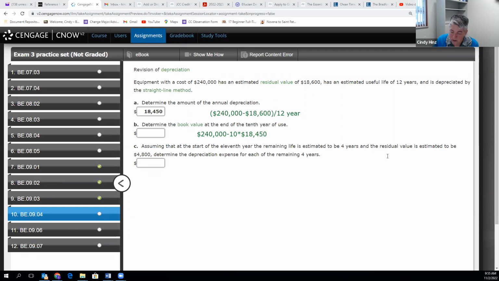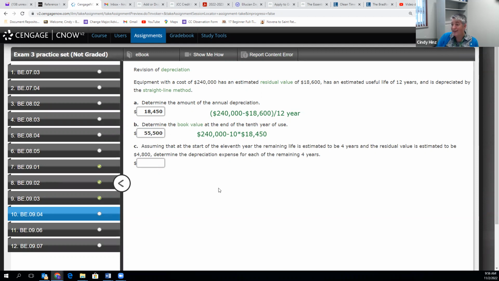So the book value at the end of those 10 years would be, whoops, you have to punch it into your calculator correctly. $55,500 left. $55,500 of that original value is left. That's the book or the carrying value.